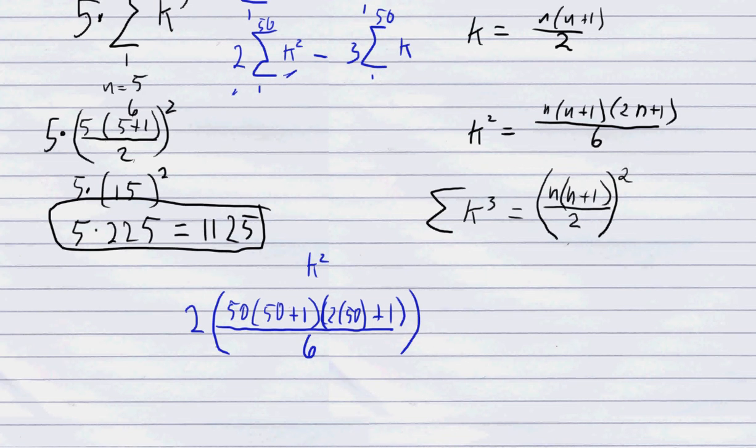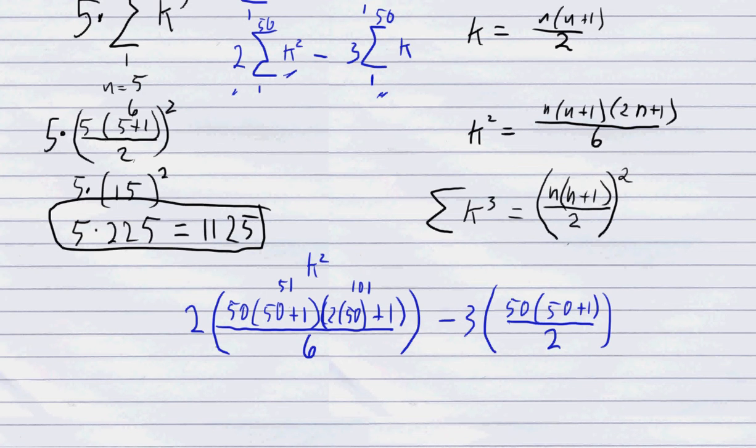Now to get the second part, the 3 times k, from 1 up to 50, that's going to be minus 3. And now we're going to use the k formula. N is still 50, so 50 times 50 plus 1, all divided by 2. Now we really just let the calculator do the rest. That, of course, is 51. That's 100. Plus 1 is 101.